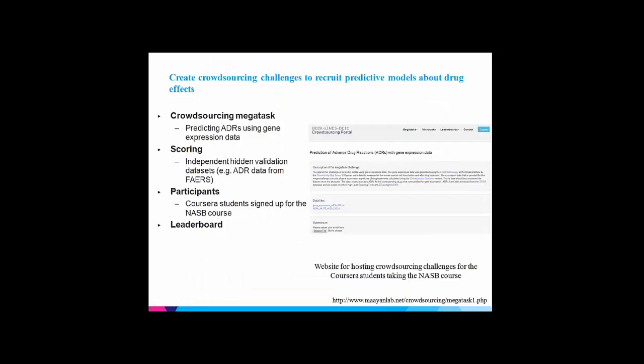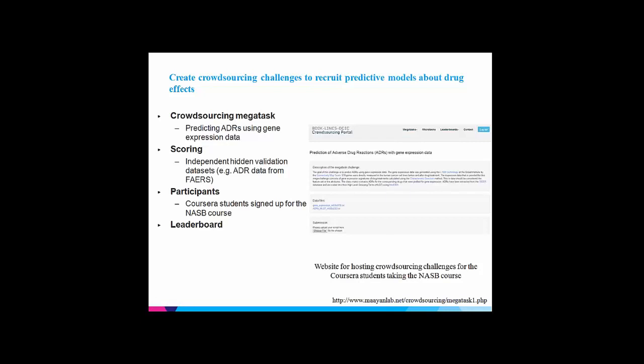And then, as I said, we planned to make some crowdsourcing challenge, and here is basically a website hosting the crowdsourcing mega task for the prediction of adverse drug reactions given the gene expression data.